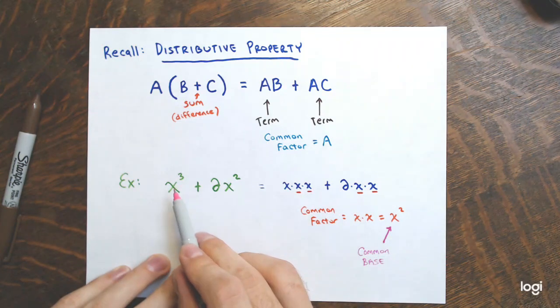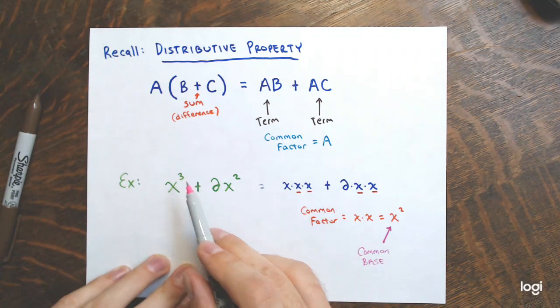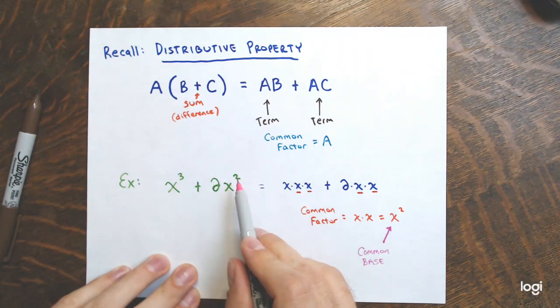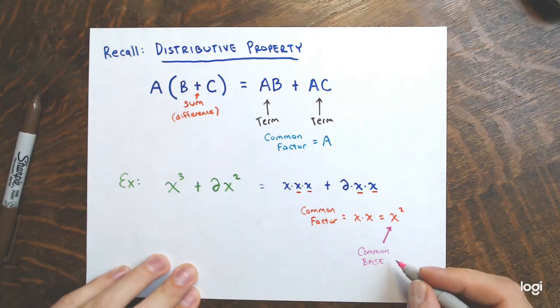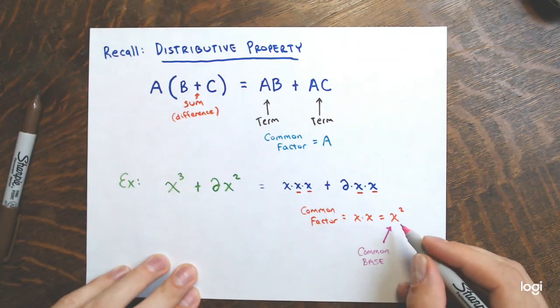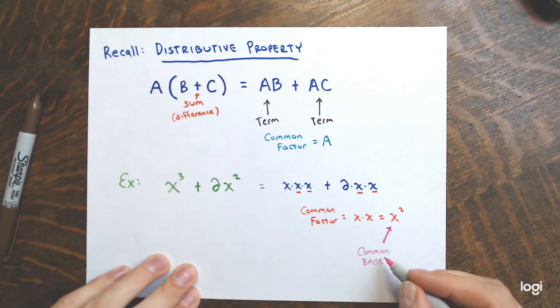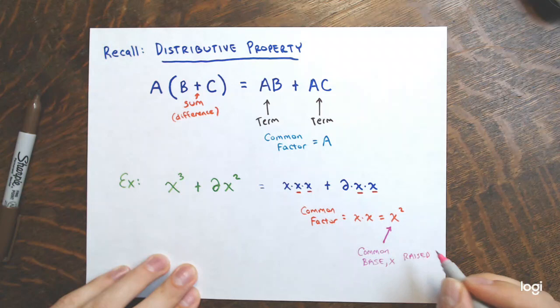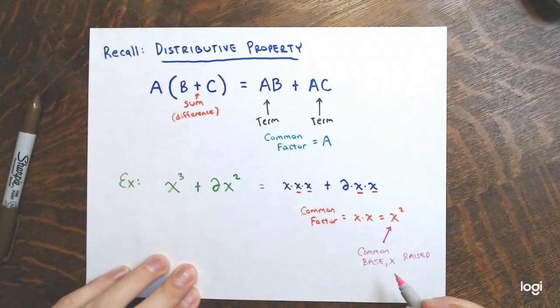So there's a base of x to the third power, and this term has a base of x to the second power. This common factor that I'm pulling out, you could also think of as the common base x raised to the lowest power that you see.